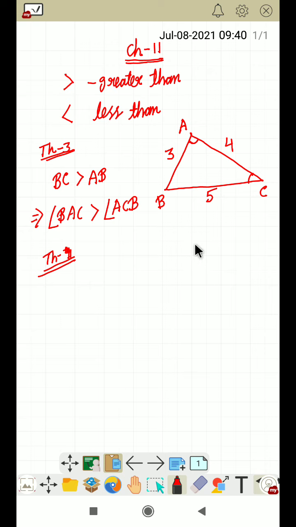Suppose this is a triangle ABC. The three angles are, this is suppose 90 degree, this is 60 degree, and this angle is 30 degree.